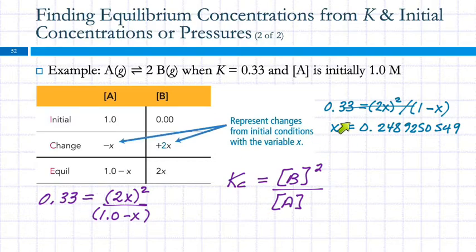So I should look at this value and ask myself, does that work here? Where X is 0.24, or let's call it 0.25, then this concentration would be 2 times that, or 0.5. And this concentration would be 1 minus 0.25, which is still a positive number.